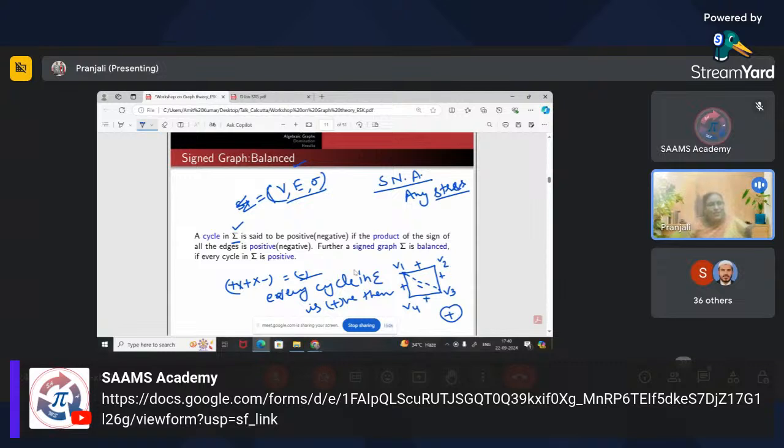So if we look at this signed graph, this is not balanced because there exists a cycle which is negative here. And a negative cycle would create stress in the system. So the system will not remain balanced in that case.